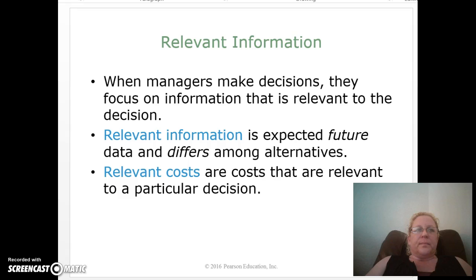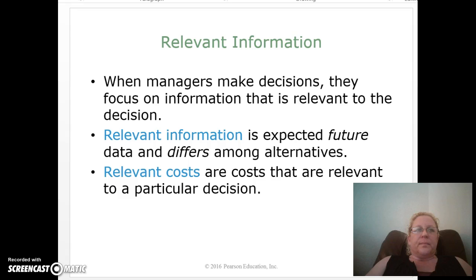To illustrate, if Smart Touch Learning were considering purchasing a new delivery truck and they were choosing between two models, the cost of the truck, the sales tax, and the insurance premium cost would all be relevant because these costs are future costs that occur after Smart Touch Learning decides which truck to buy, and they differ between the alternatives.